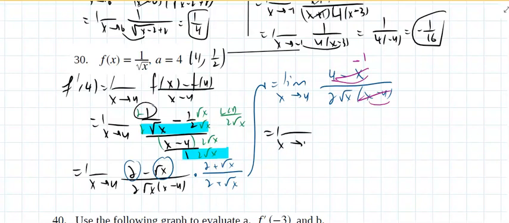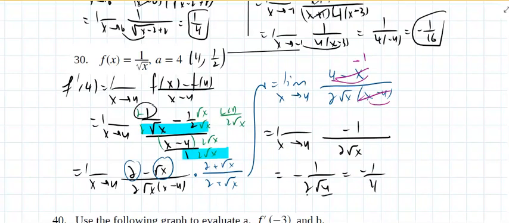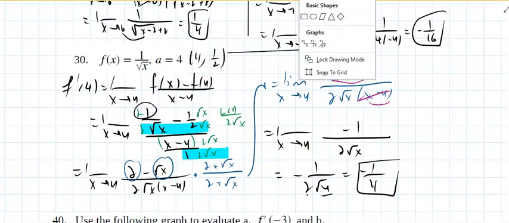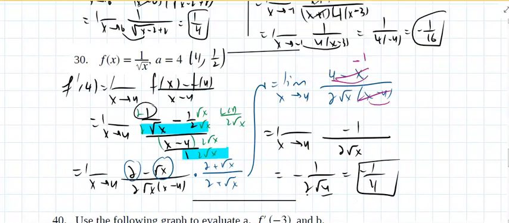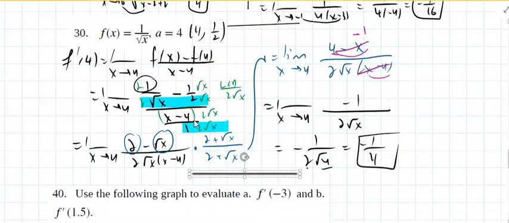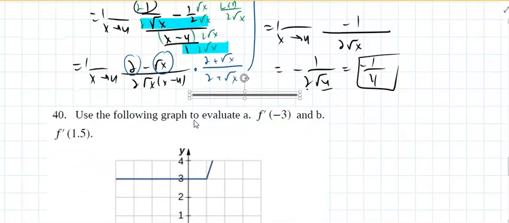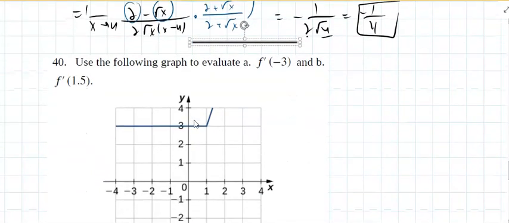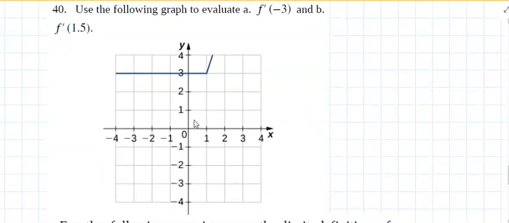That's algebra. -1 over 2 radical x. Now if I let x equal 4, I'll get -1 over twice the square root of 4, that's 2 times 2, so -1/4. That's the slope of the tangent. And that's the big secret. That's pretty much what we focus on for the majority of this course, the derivative or the slope of the tangent. Now, a couple more problems really quick, and we're done with this.